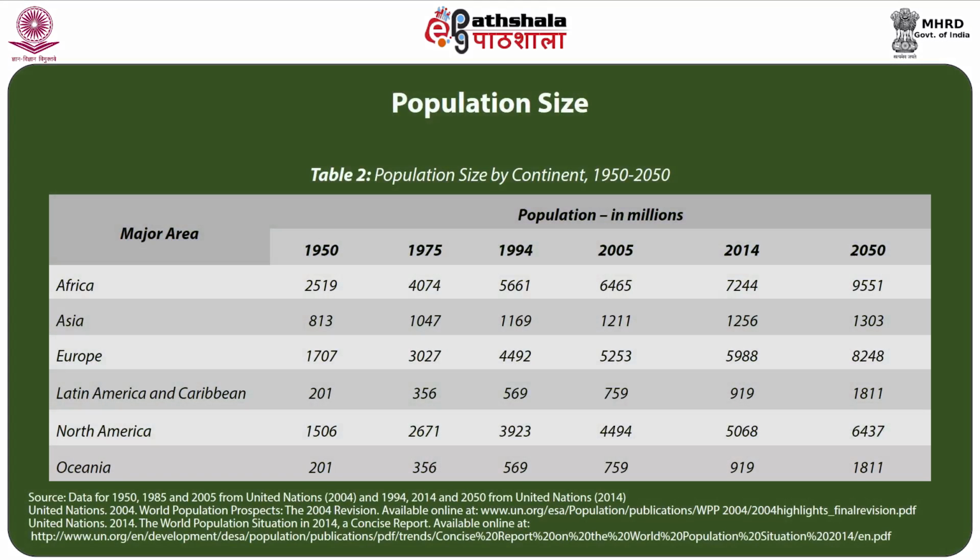Similarly, continent-wise, the growth rate is very high in Africa, Asia and Latin America, whereas in Europe, the other parts of America and Oceania, the growth is significantly lower when compared to the regions of Asia and Africa.